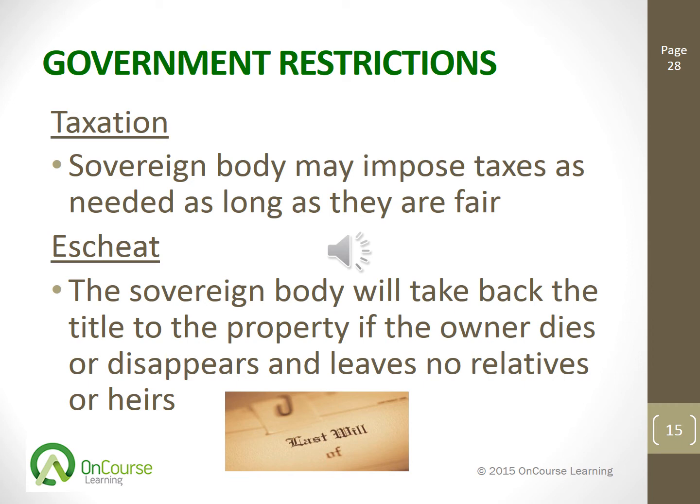So it's heirs. And so if you own a property, make sure that you have a trust, a will, or some other legal document, so they know what to do with the property when you go. And since we all go, we all need to have a last testament, will, or some sort of document. Next slide, please.